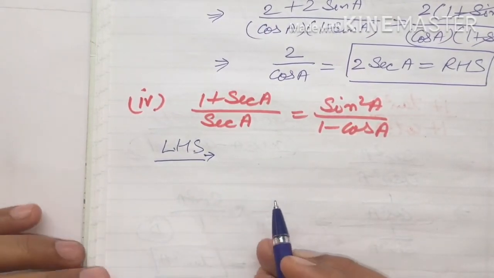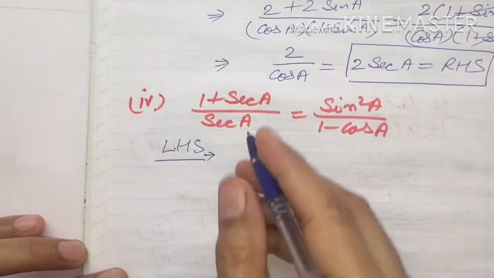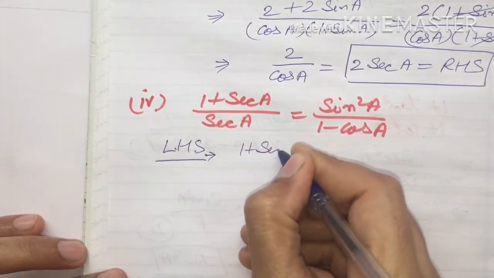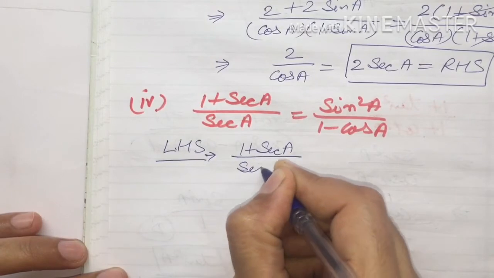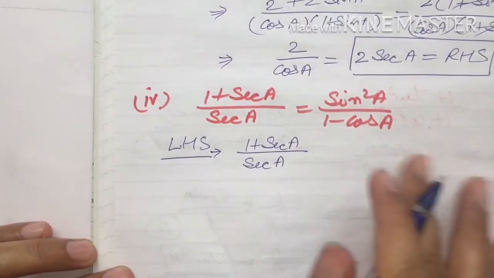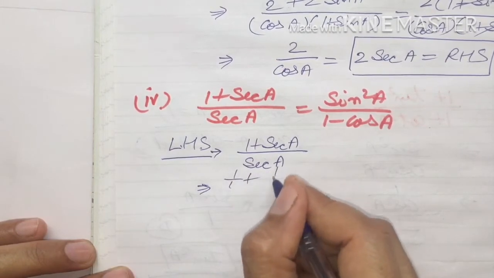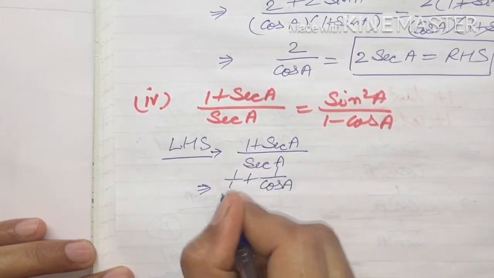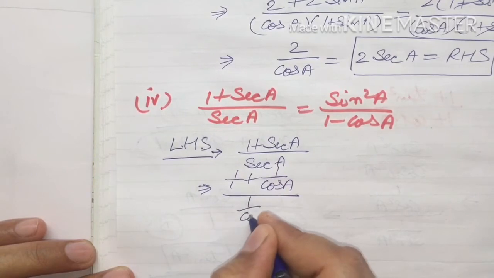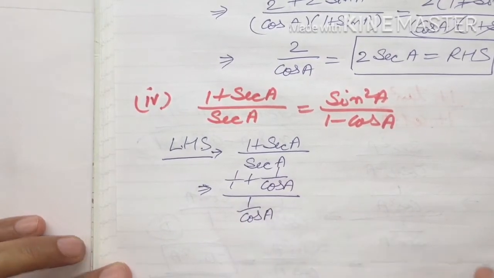So this is that type of question. So left hand side is 1 plus secant a upon secant a. So I will change it, 1 upon 1 I can write, and secant will change into cos a. This secant also I will change into cos a.